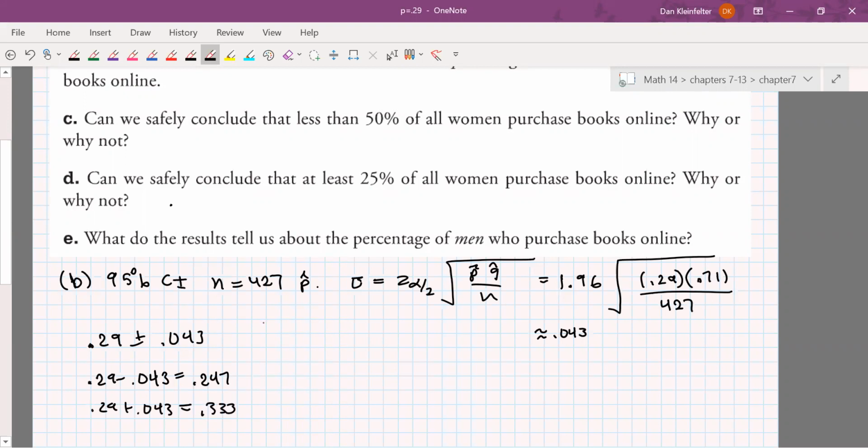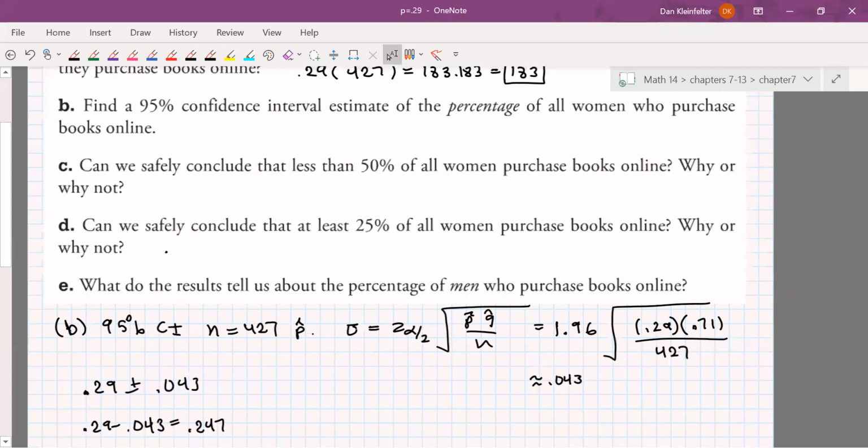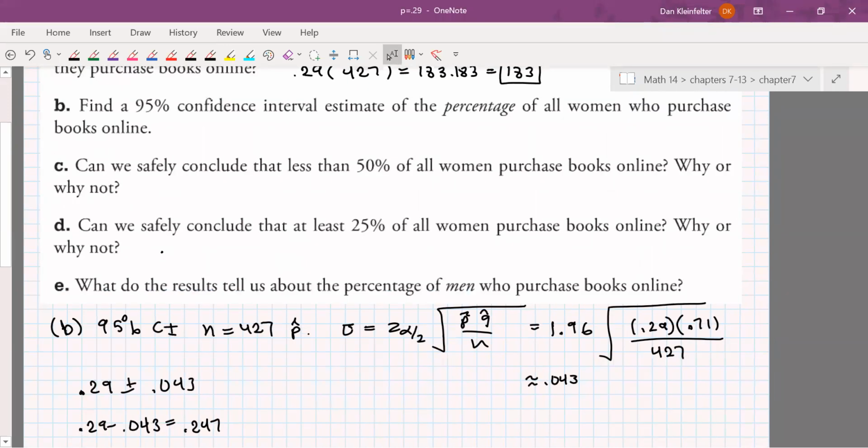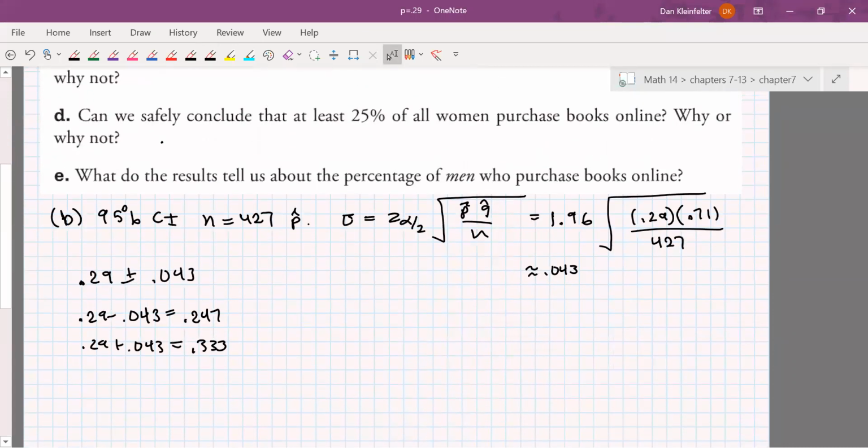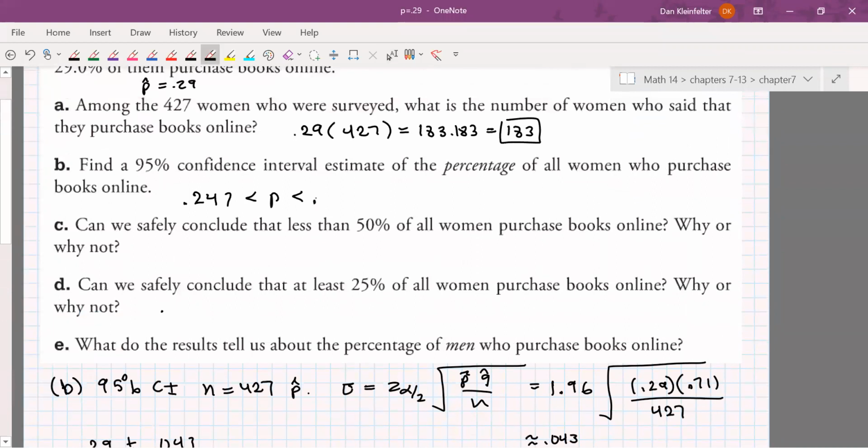So then our confidence interval is going to be 0.247 less than p less than 0.333. Okay, so that takes care of the second part.